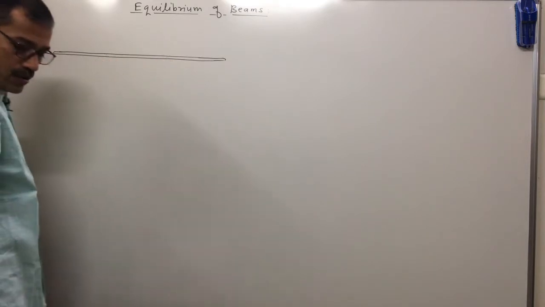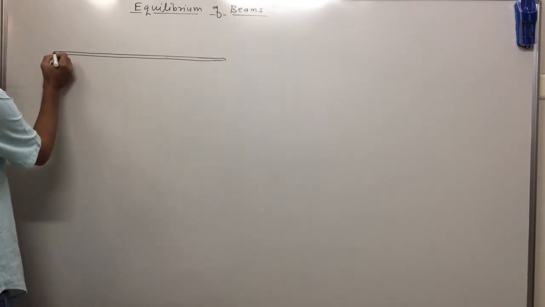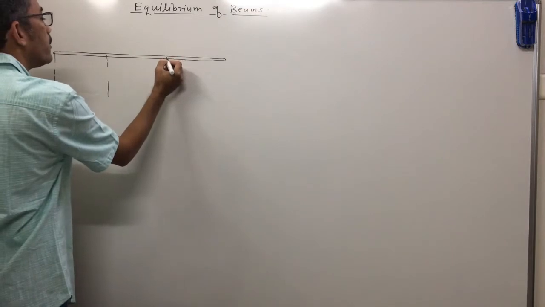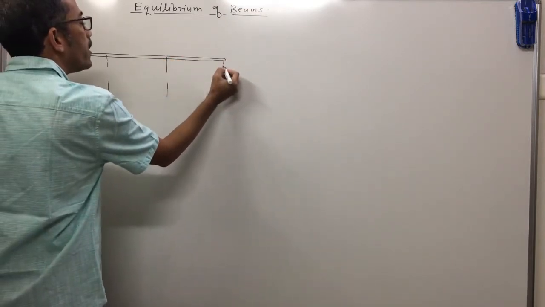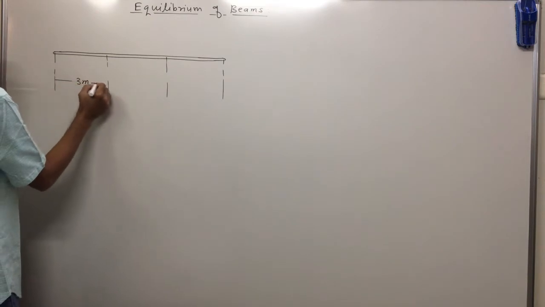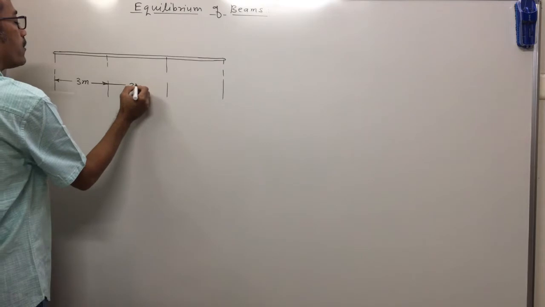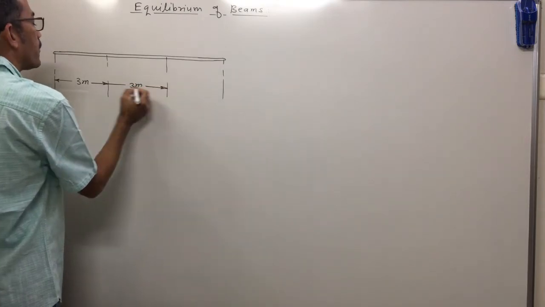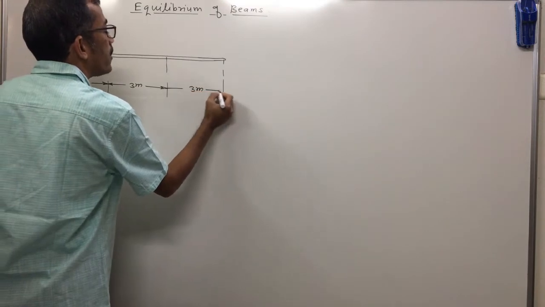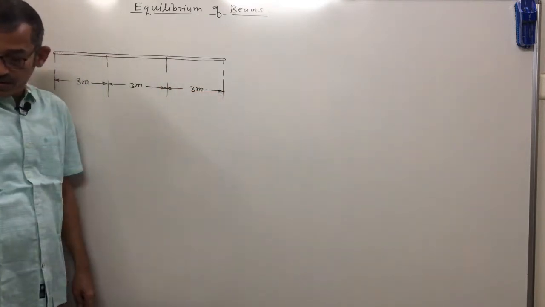This is the first part of 3 meter, again 3 meter, and on this beam different types of loads are given, various forces are acting. This is a 9 meter long beam.